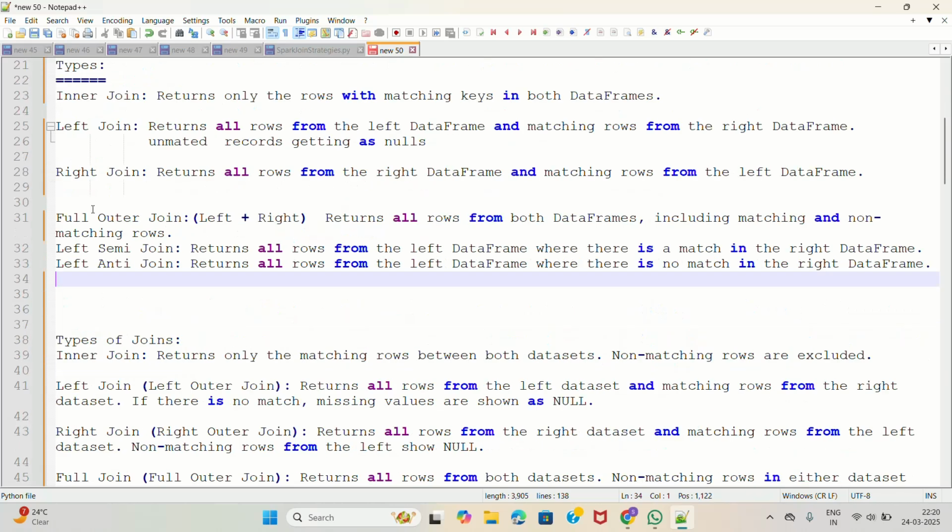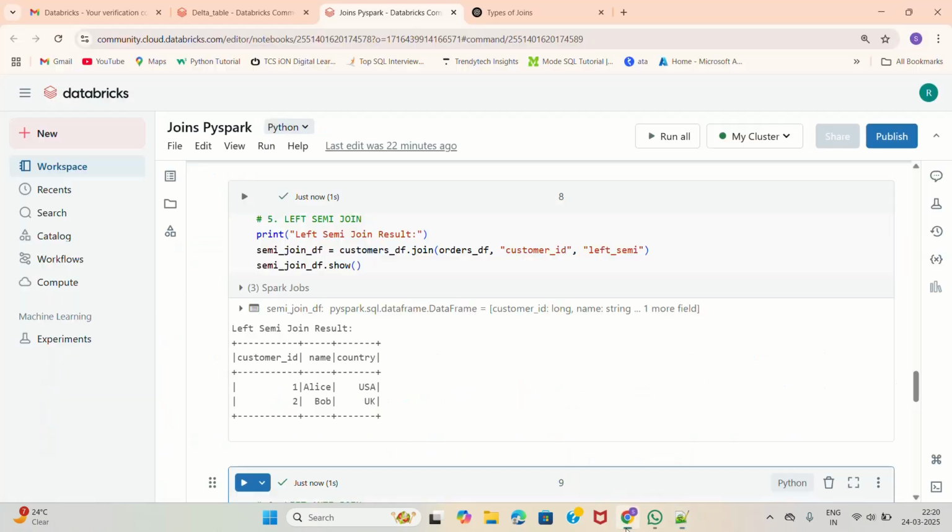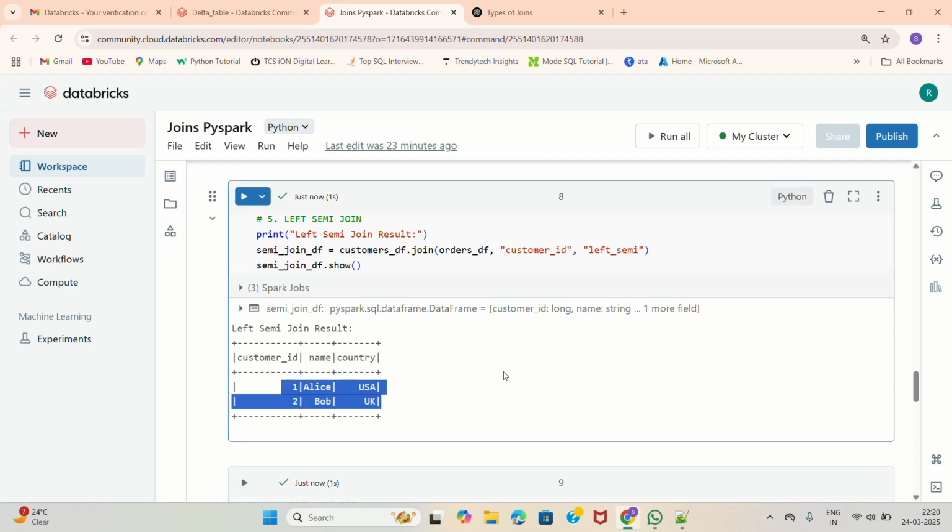The left semi join returns all rows from the left data frame where there is a match in the right data frame. So this is the left semi join. Now just look at the result. It has only two records.